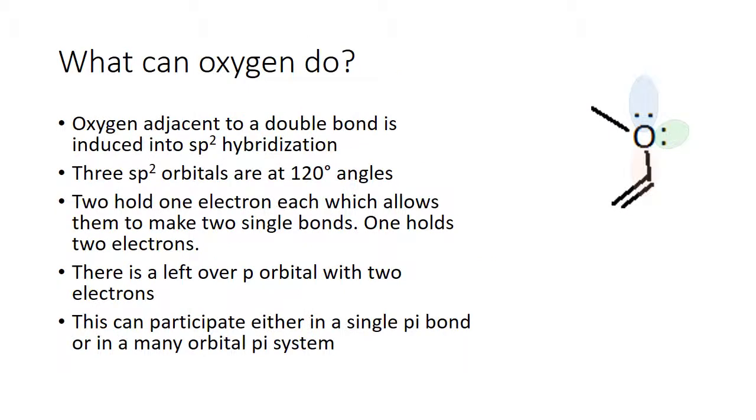What can oxygen do? Oxygen normally, when it has 2 single bonds to it, is sp3 hybridized, and the 2 non-bonding pairs are in sp3 orbitals. But again, when it's adjacent to a double bond, it induces it into sp2 hybridization. That sp2 hybridization gives it 3 orbitals that are sp2. 2 of them are used to form the single bonds, and 1 holds a non-bonding pair with 2 electrons.